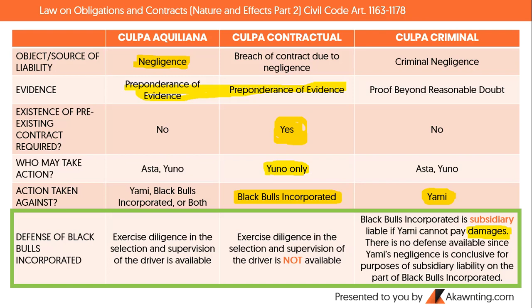So, may tendency na hindi talaga nila mapabayaran yung civil damages na igagrant ng court dun sa dalawang victims natin in this case. So, there is no defense available since Yami's negligence is conclusive evidence for purposes of subsidiary liability on the part of Black Bulls Incorporated. Okay? So, yan po.